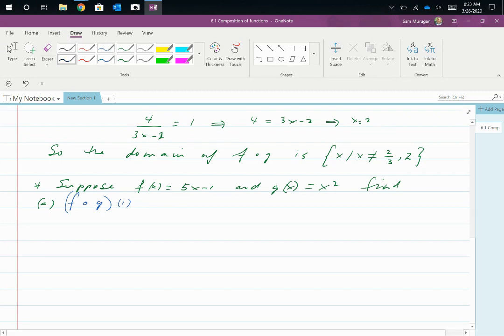So this is solved by rewriting this as f substituted with g substituted with 1.